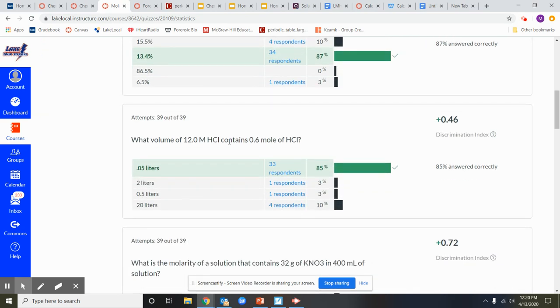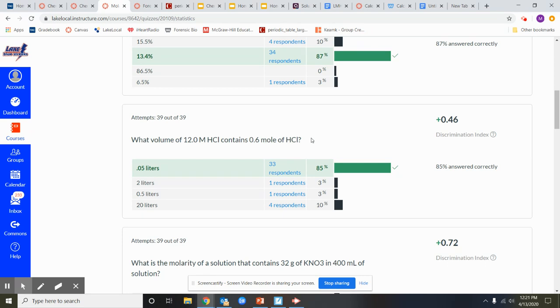Okay. Number two is a molarity equation. This is just plugging your numbers into your equation. Your molarity equals moles over liters. In this case, it's asking us what the liters are, so you're solving for volume. Your equation ends up looking like 12, which is your molarity, equals 0.6 over x.